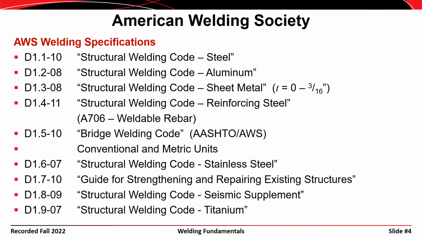D1.1, the structural welding code for steel, and D1.5, the bridge welding code, are the two that are most applicable to what a structural engineer would encounter. I'm citing the 2010 edition of both of those specifications here, but there might very well be more recent editions available. I haven't updated this slideshow with respect to the AWS specifications in a bit.